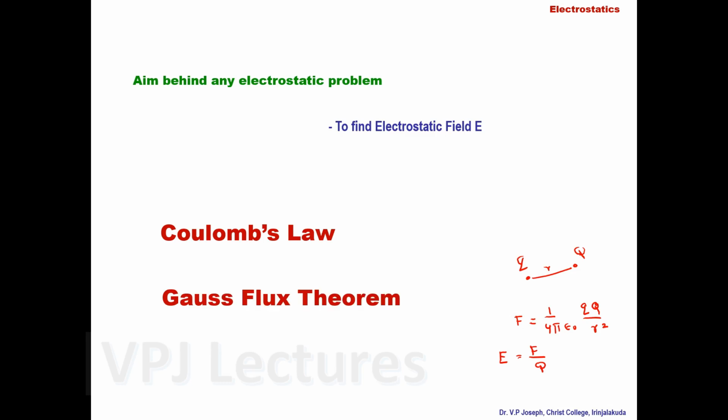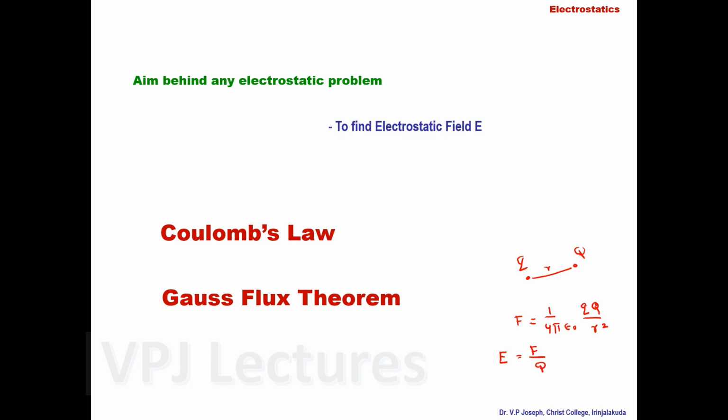Now, another important method is the use of Gauss flux theorem. The statement is quite popular: the total normal electric flux over a closed surface is equal to 1 by epsilon 0 times the charge enclosed by the surface.